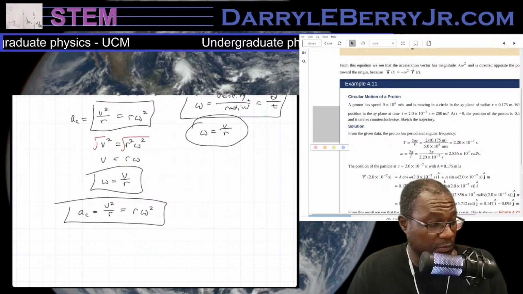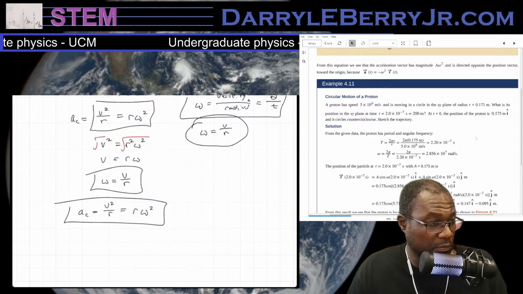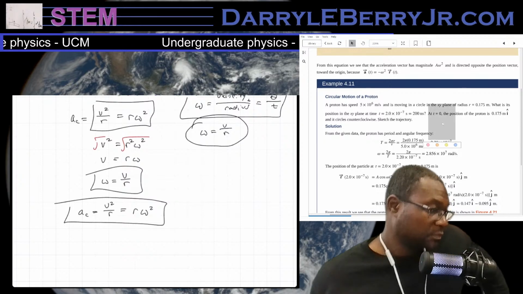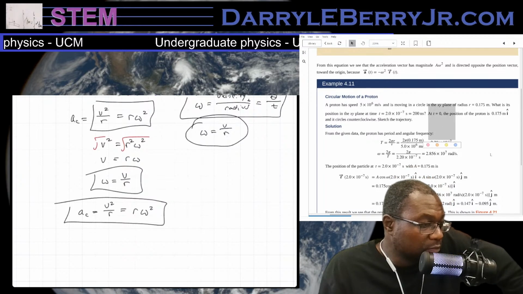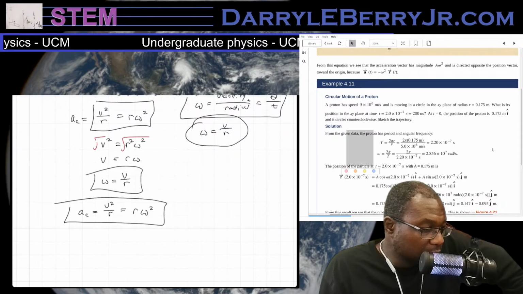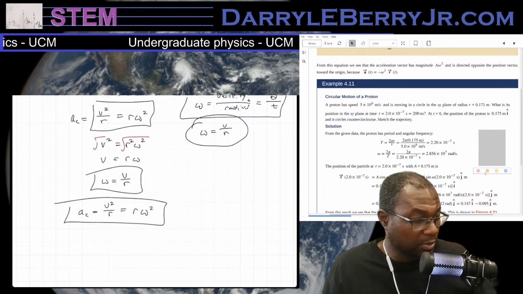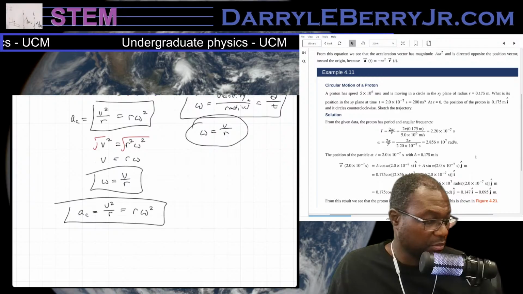Position of the particle. So add in the position.